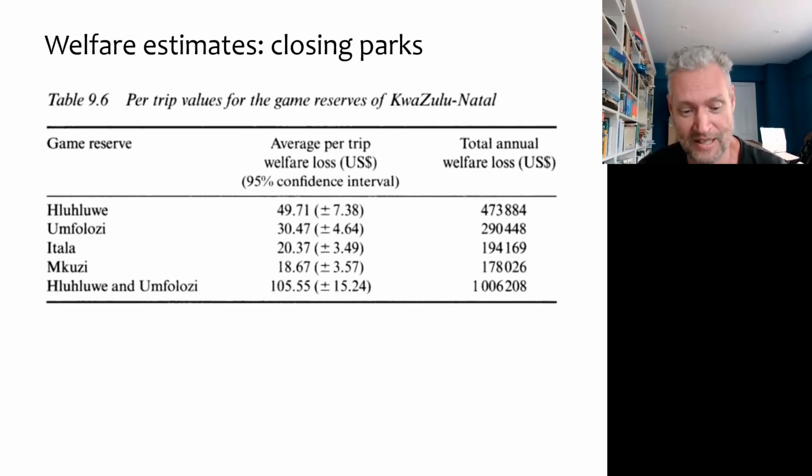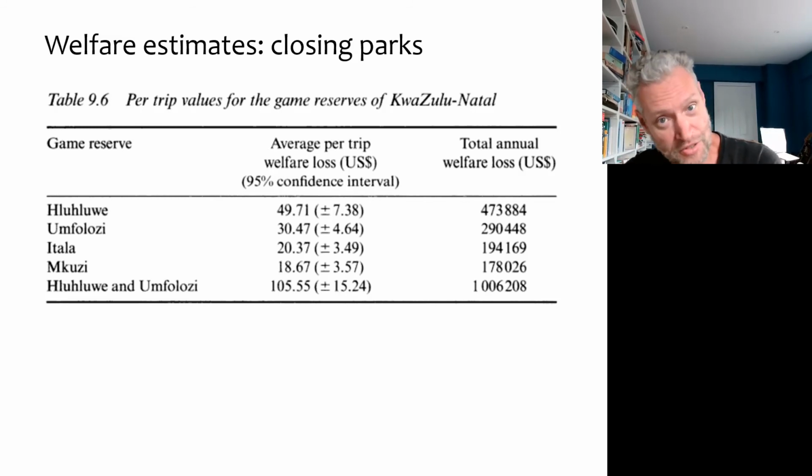The site quality has deteriorated quite considerably. So this is the consumer surplus per trip, and then this is if we scale it up to total visits. And the important thing here is, different sites have different values.